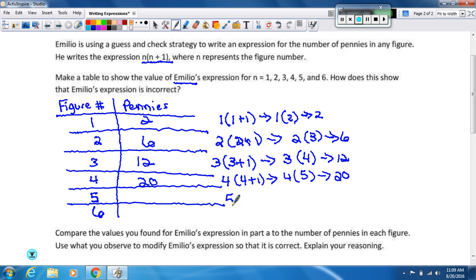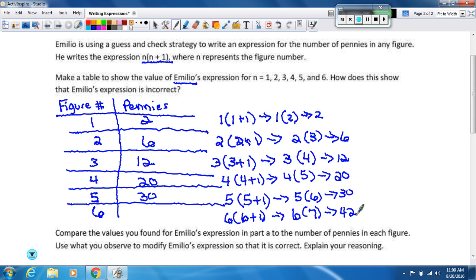Then you've got 5 times the quantity 5 plus 1, which is 5 times 6, which is 30. And you've got 6 times the quantity 6 plus 1, which is the same as 6 times 7, which gives you 42.